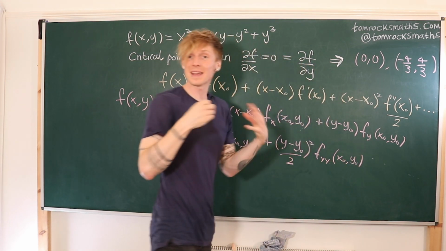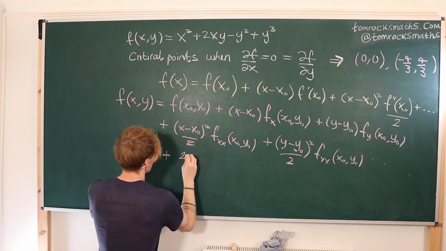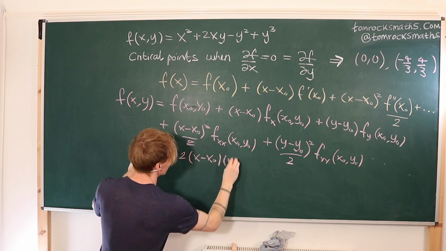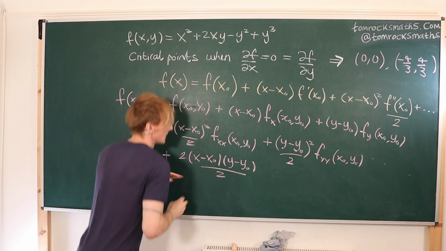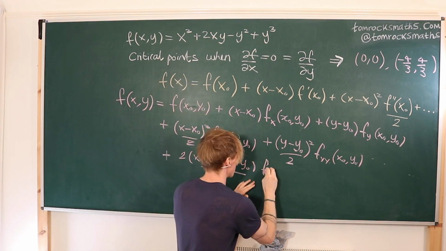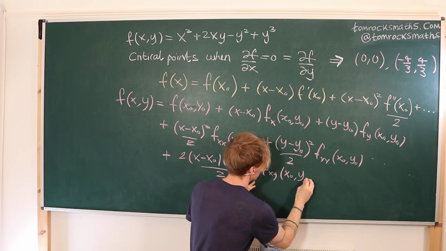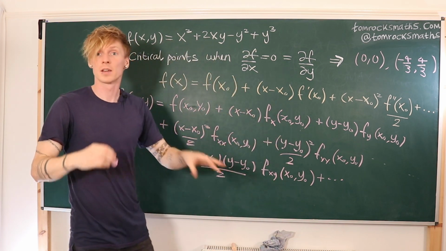And then we have the mixed term, which is plus 2 lots of (x minus x0)(y minus y0) all over 2 times fxy at x0,y0 plus the third order and higher terms.